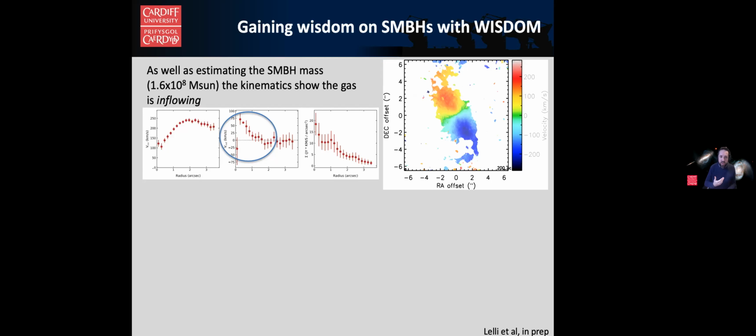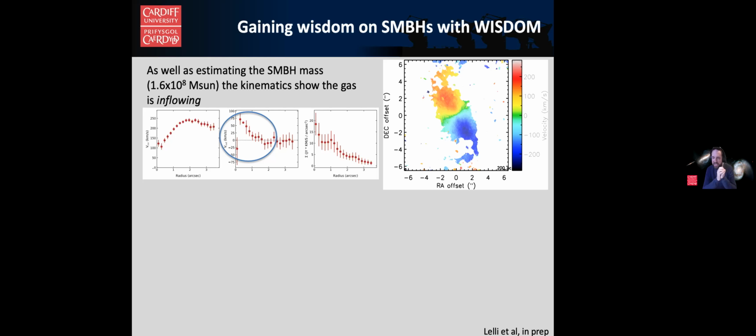But we can also see that the kinematics reveal an inflow. On the left-hand panel of this plot, you can see the rotation curve extracted for this galaxy, with the rise caused by the supermassive black hole in the center. In the center panel, you see the radial velocity that's required to match the data cube. At large radii, there isn't much inflow in this case, but at low radii, below about an arcsecond, we see an increasingly speedy inflow of material flowing onto the black hole.